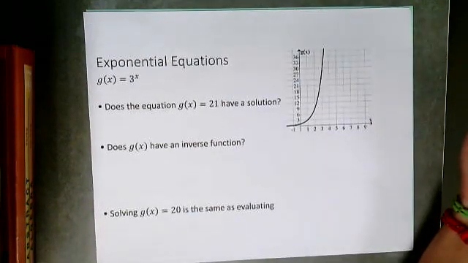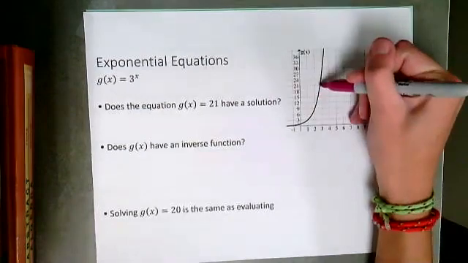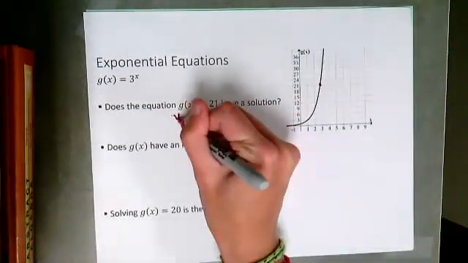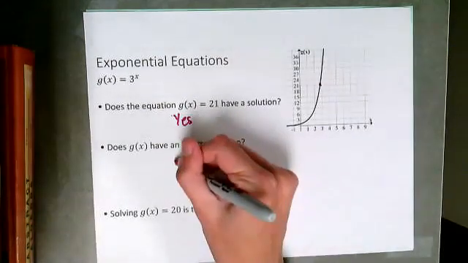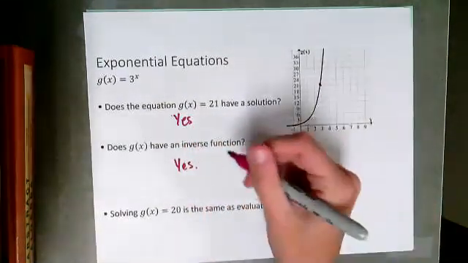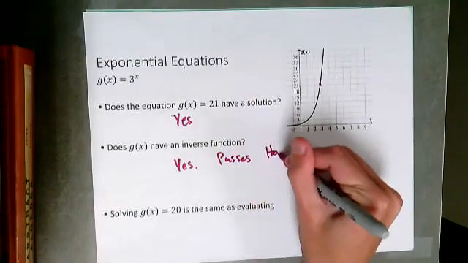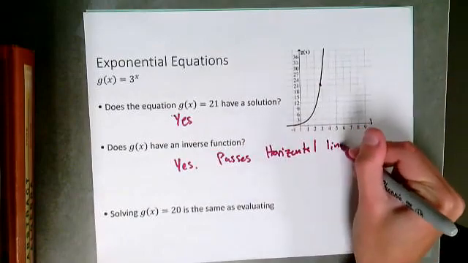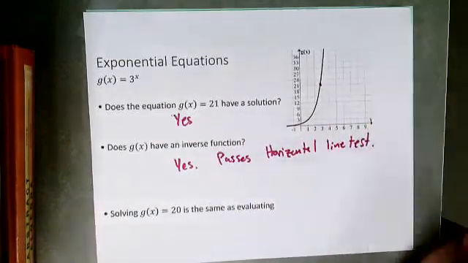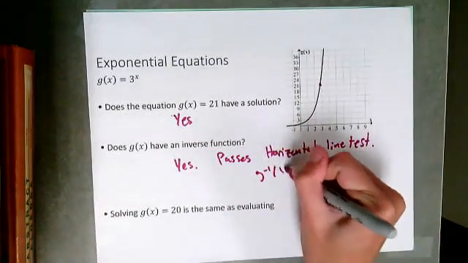So g of x is equal to 3 to the x. Does the equation g of x equal 21 have a solution? Yes, somewhere it does. Does g of x have an inverse function? Yes, it does. It passes the horizontal line test. And so we have g inverse of x.